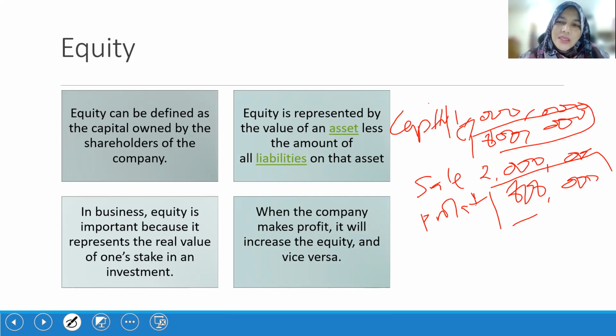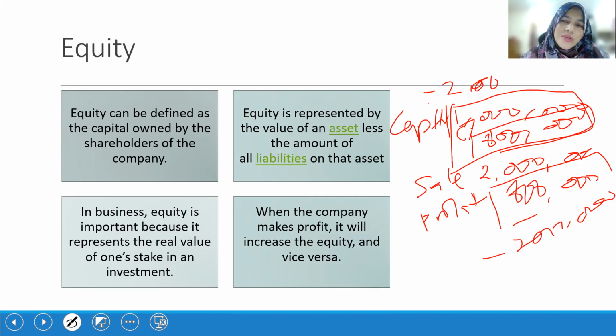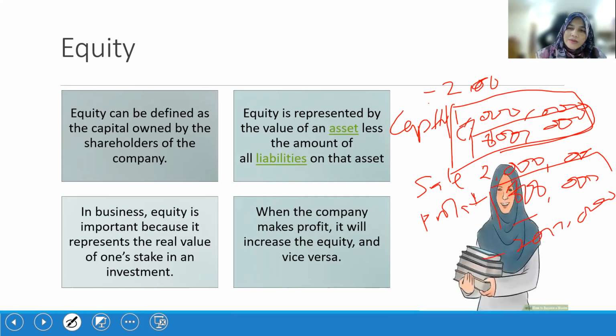So now the capital will increase, meaning that the ownership of the shareholders will now be 1.8 million in total. But if the company suffers a loss, let's say a loss of 200,000 instead of an 800,000 profit, the loss will be put here as well. The 200,000 will result in 1 million minus 200,000, so only 800,000 left. So when the company suffers a loss, it will reduce the equity. Okay.